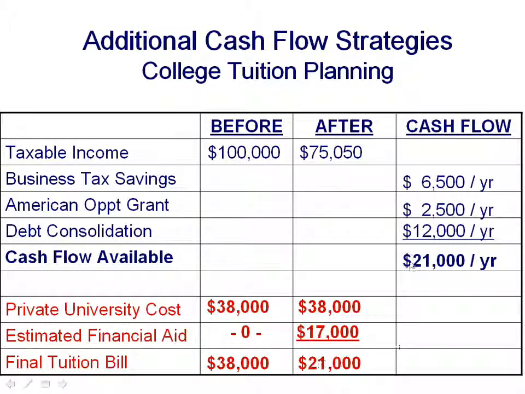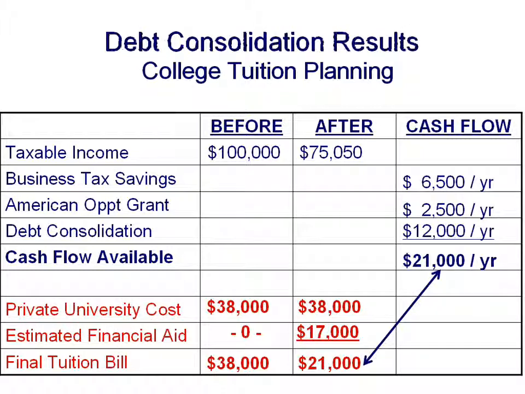To pay this $21,000 final tuition bill, he's going to use his $6,500 savings in taxes, his $2,500 a year American Opportunity Grant, and the $1,000 a month or $12,000 a year that he increases cash flow using debt consolidation. So in total, he can now pay this $21,000 tuition bill with the $21,000 a year in tax savings and debt consolidation.